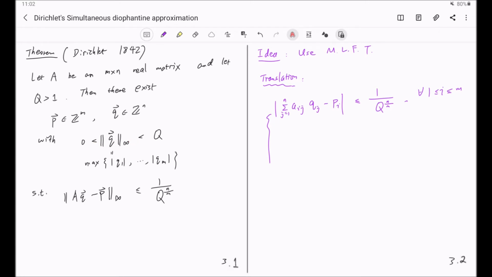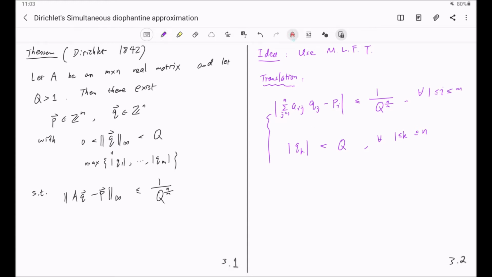And this condition says each component q_k is less than Q for any k, 1 less than or equal to k less than or equal to n.